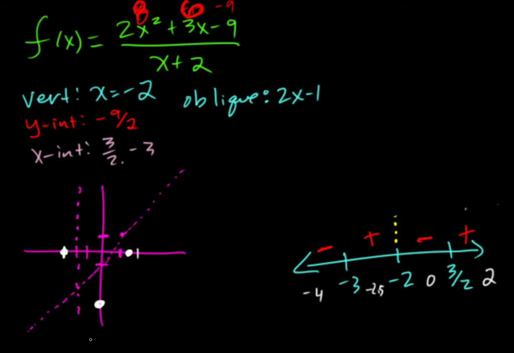So essentially, we're going to come up this way, kind of follow that asymptote. The asymptote continues down there, okay? And then this one, we kind of follow this and follow this asymptote.